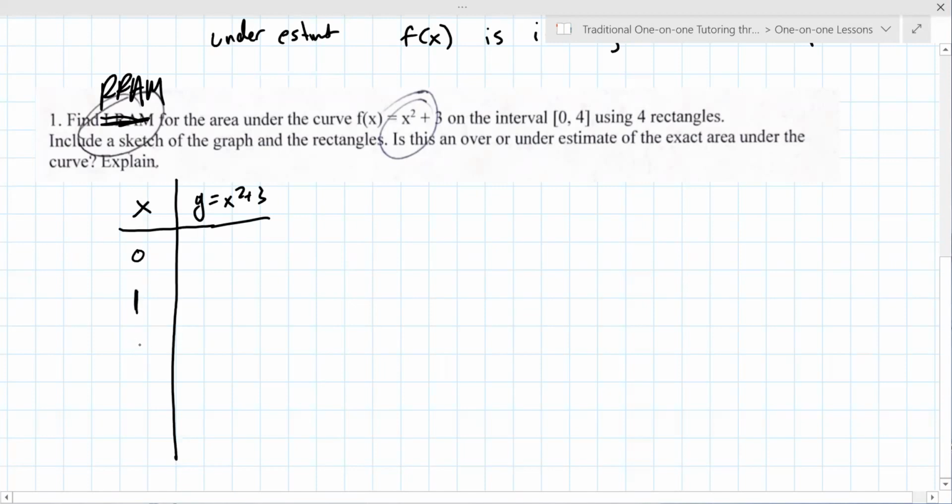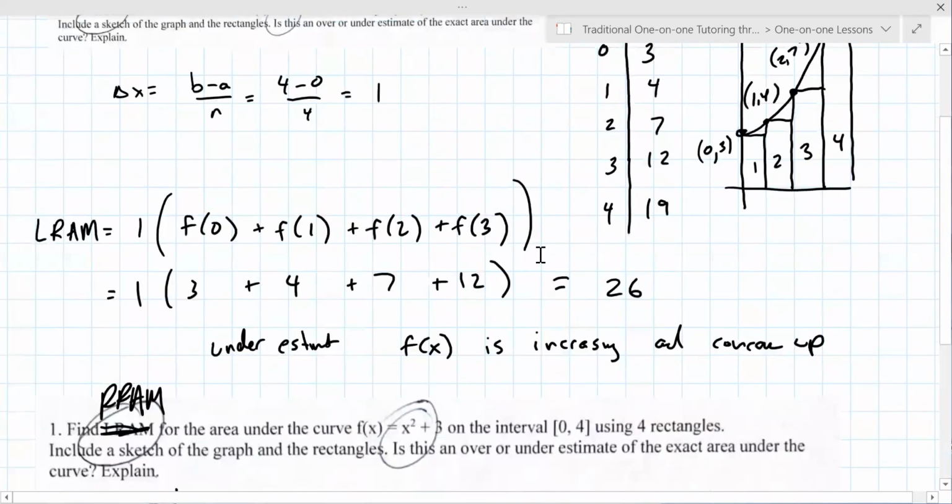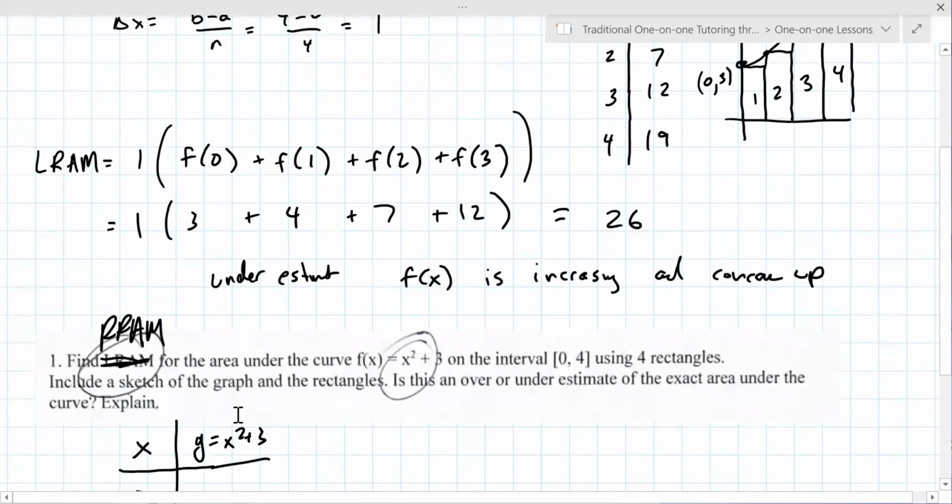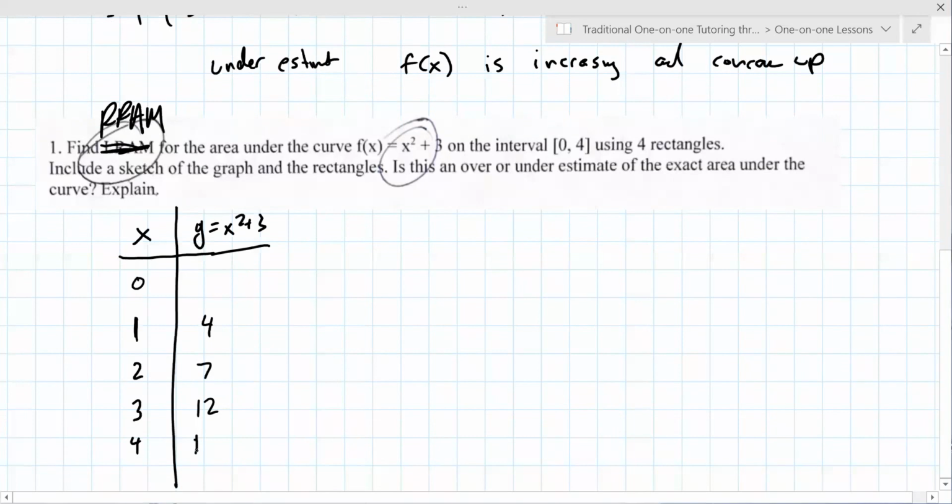We need 1, 2, 3, and 4 because we need 4 rectangles. So that was 4, that was 7, that was 12. I'm sorry, did I use the wrong values? No, okay. Sorry, I'm just losing my mind here a little bit.